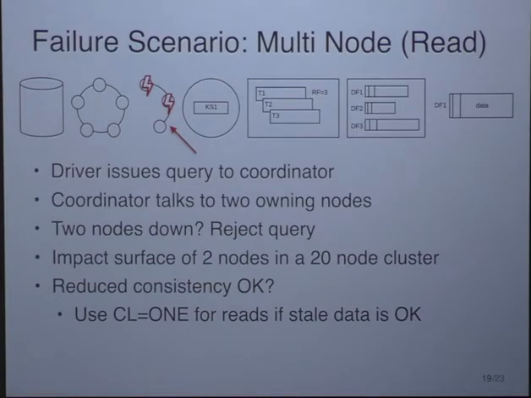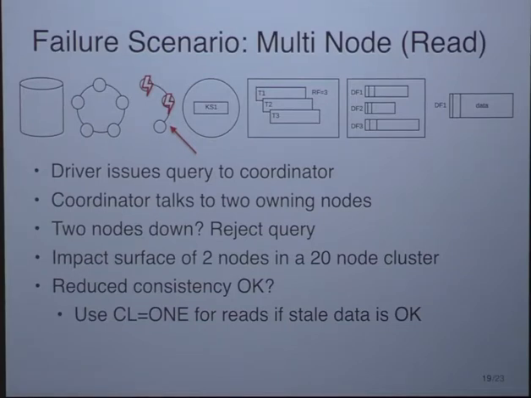There's 3 racks, they're called in Cassandra, and every rack has a full copy of the data. I didn't draw the racks up here. If the 2 nodes are down in one rack, no problem. You can always talk to the other 2 owning nodes, and those other 2 racks have a full copy of the data, no big deal.